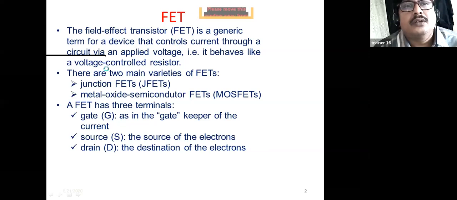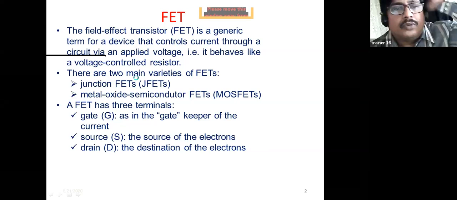Okay, I fixed it. It's some loose connection, so that's why it is disconnecting and connecting. Okay, right? Now it's clear.